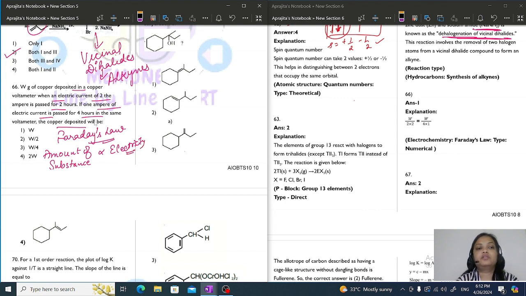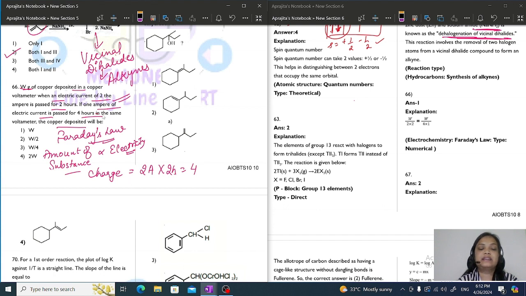Here we can do it in a very easy way. Since W gram of copper is deposited, firstly we can find the amount of charge. The amount of substance is directly proportional to the charge, no? In the first case, 2 ampere and 2 hours, so it's going to be 4.